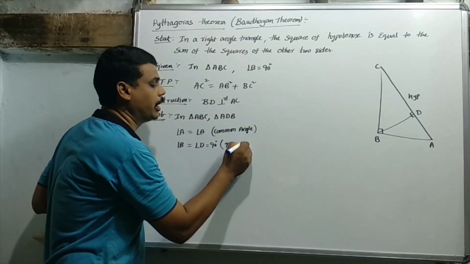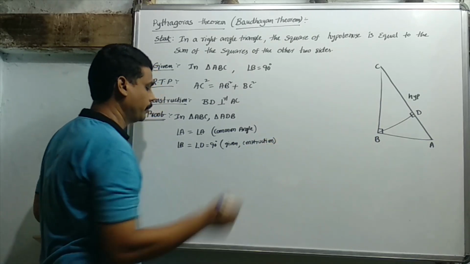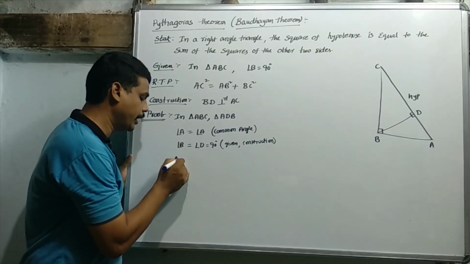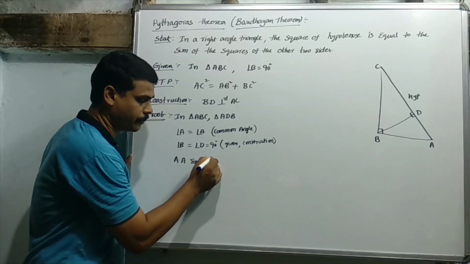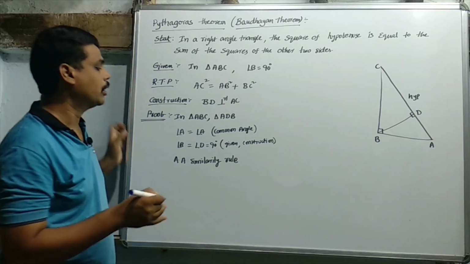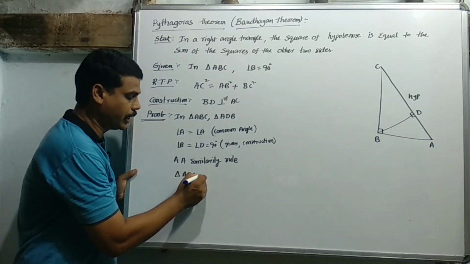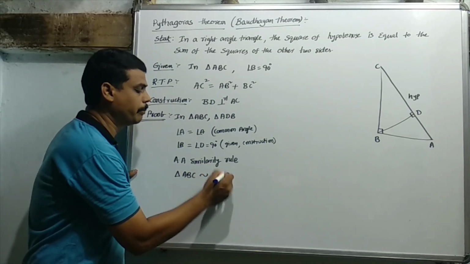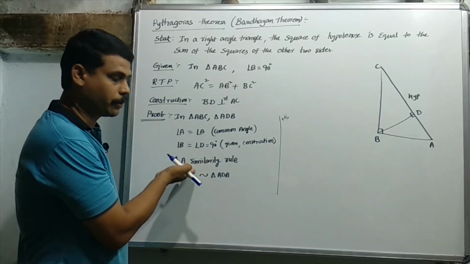So clearly you say that by AA similarity rule, triangle ABC is similar to triangle ADB.